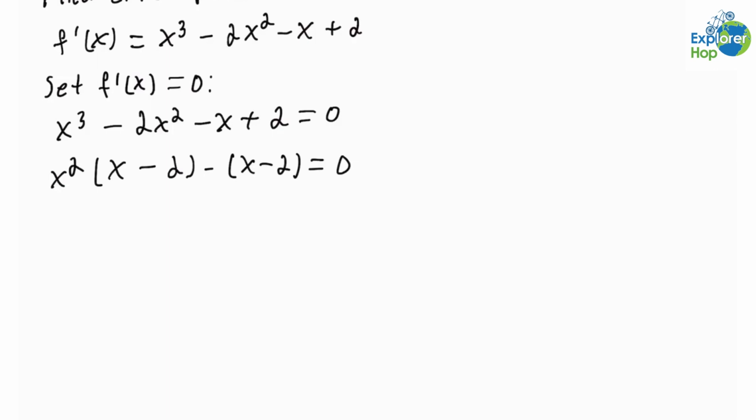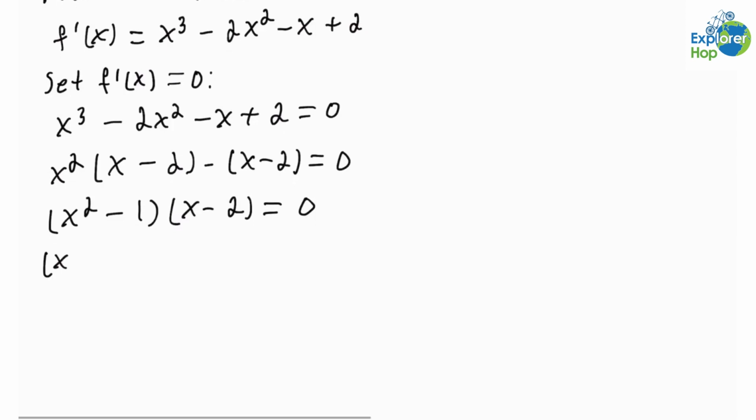And now common factoring out x minus 2, we get x squared minus 1 times x minus 2 is equal to 0, which means that x plus 1 times x minus 1 times x minus 2 is equal to 0.